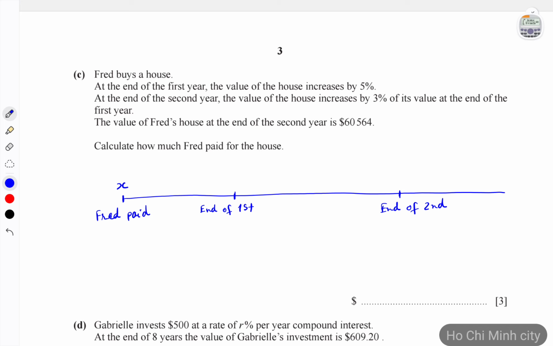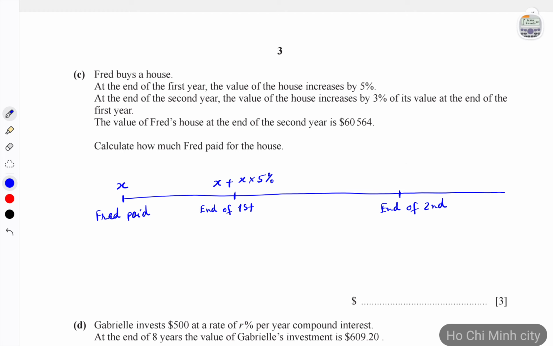All right, at the end of the first year, the value of the house increases by 5%. So X is the initial amount, plus the increased amount, which is X times 5%. We can simplify this to 1.05X. Then at the end of the second year, the value of the house increases by 3% of the previous amount.